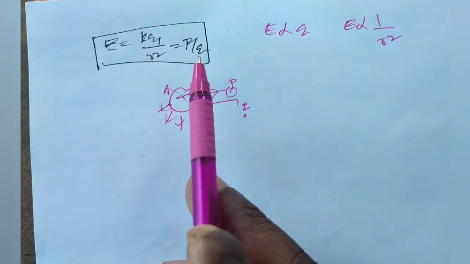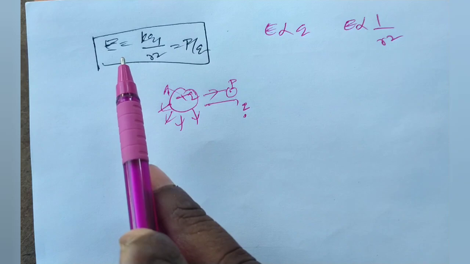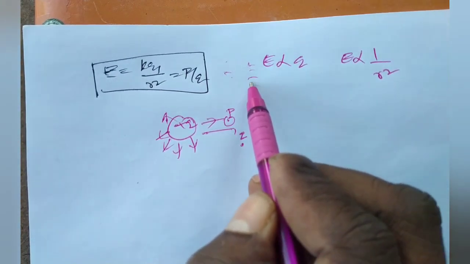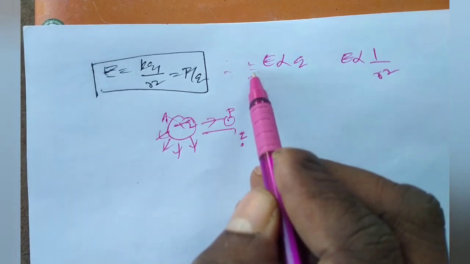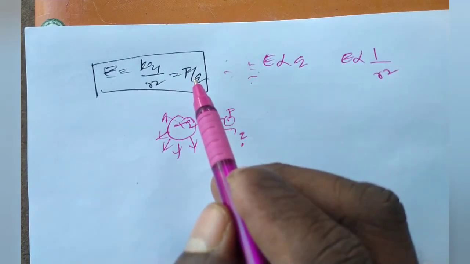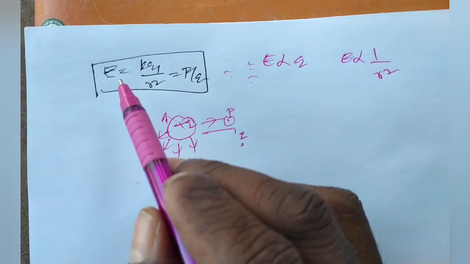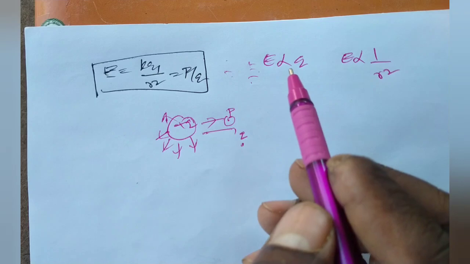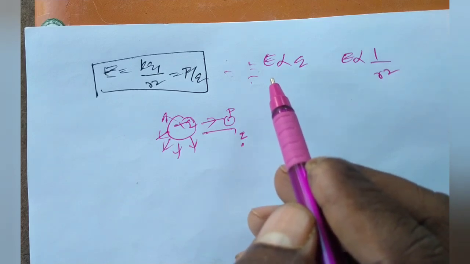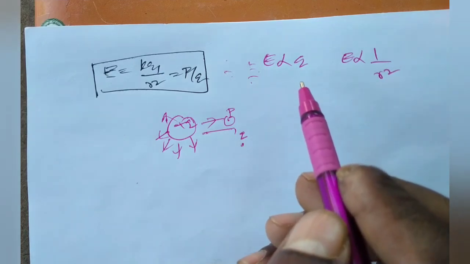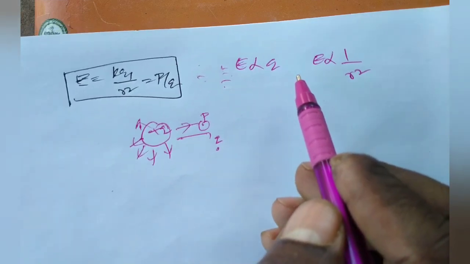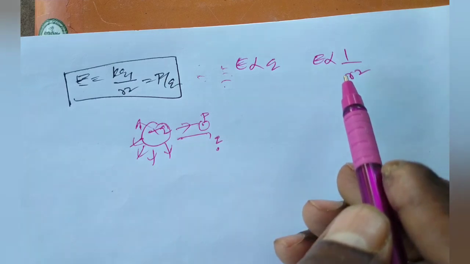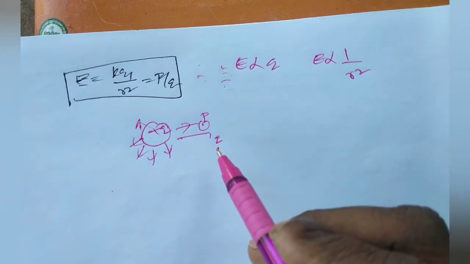Here, force divided by the test charge, F by q, q naught cancels, so the electric field is equal to k q1 by r square. From this equation, the electric field is proportional to the source charge, and inversely proportional to the square of the distance from the source.